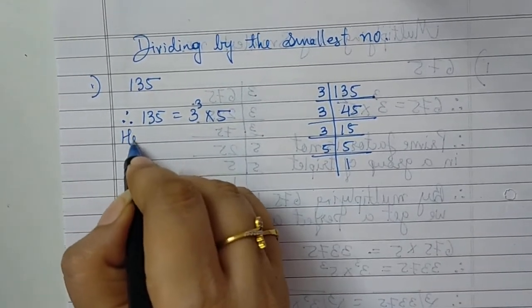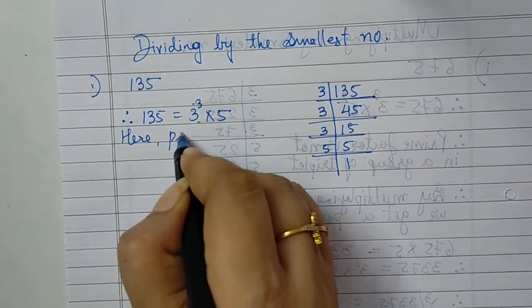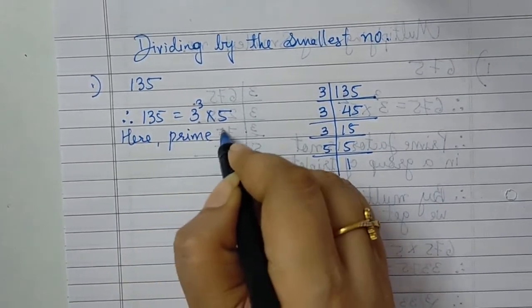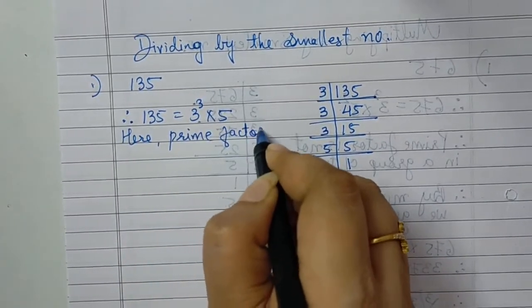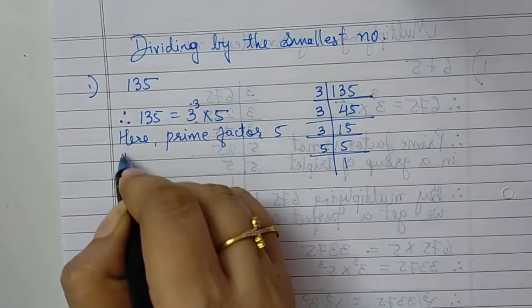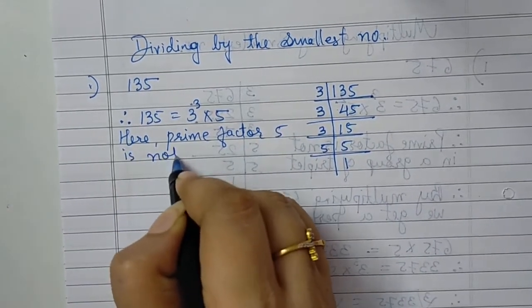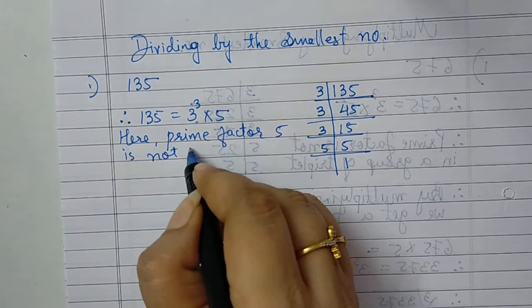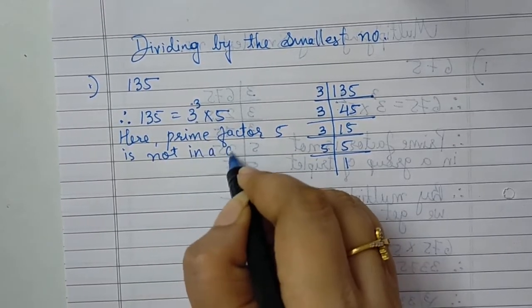Here prime factor 5 is alone. It is not in a group of triplet.